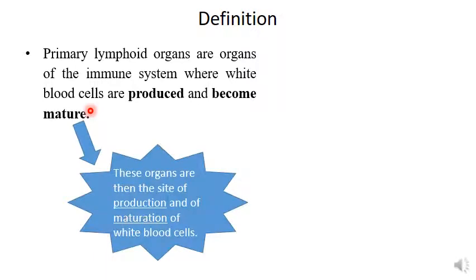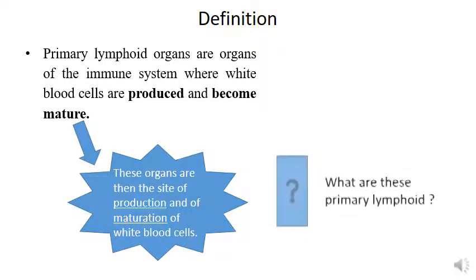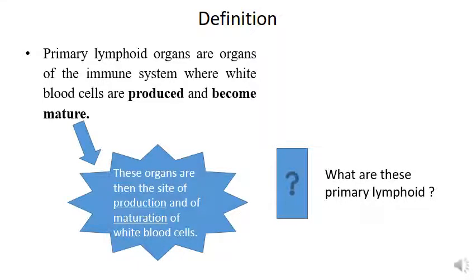So, these organs are the site of production and the site of maturation of white blood cells. Let's see what are these primary lymphoid organs where the white blood cells are produced and where they mature.